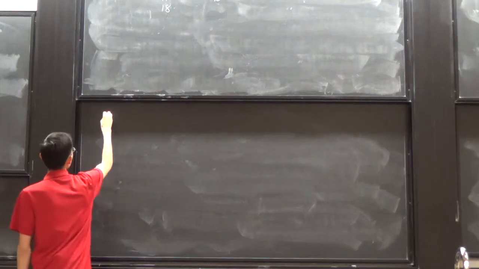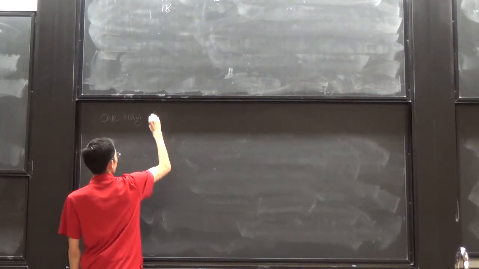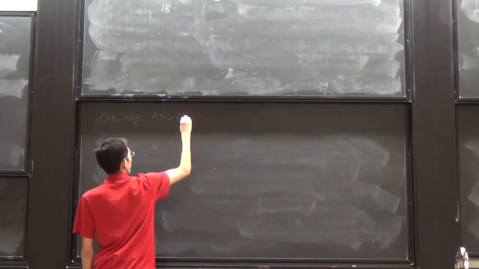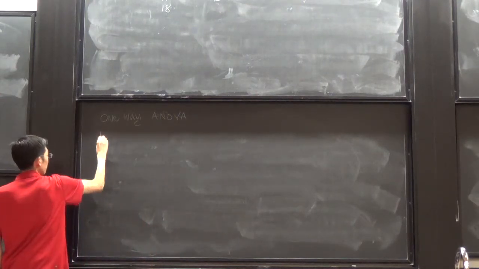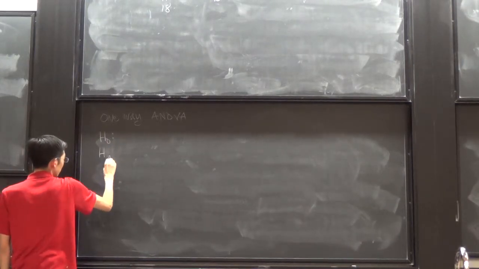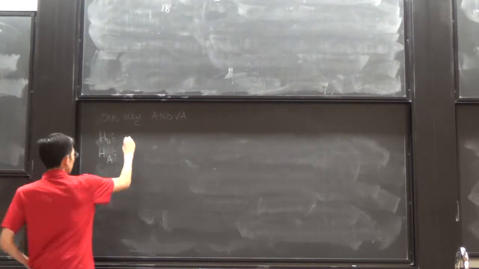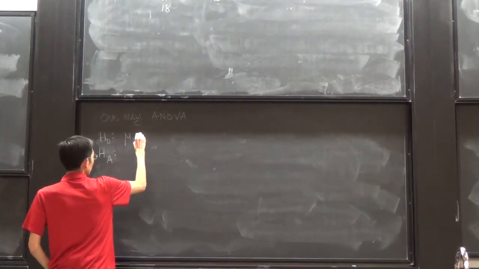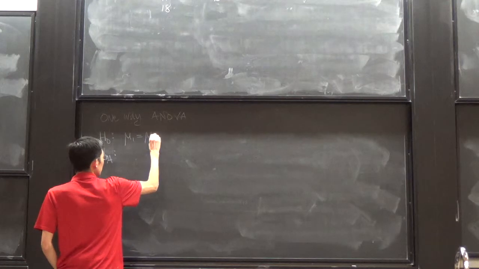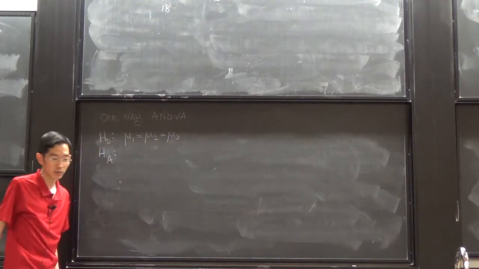Alright, so we are learning one-way ANOVA. And with one-way ANOVA, we have a few different ways of writing our hypotheses. With one-way ANOVA, we are going to say that the mean of group 1 is equal to the mean of group 2 equal to the mean of group 3. Okay?